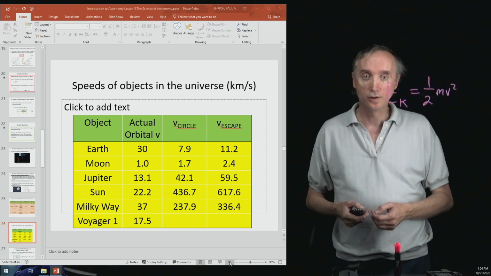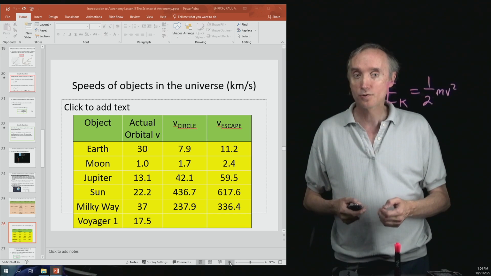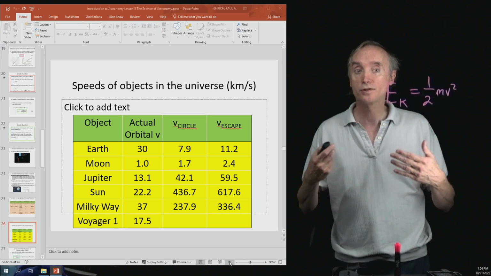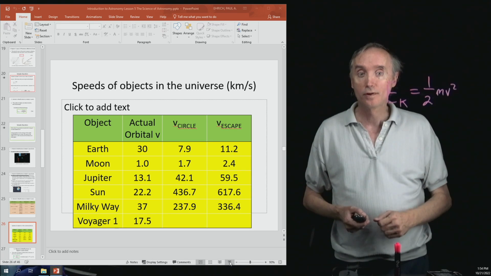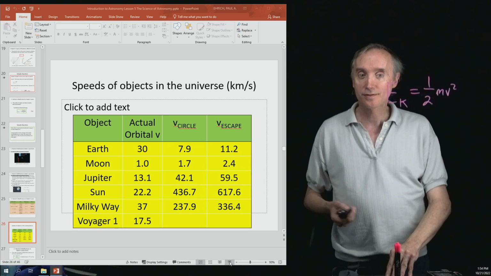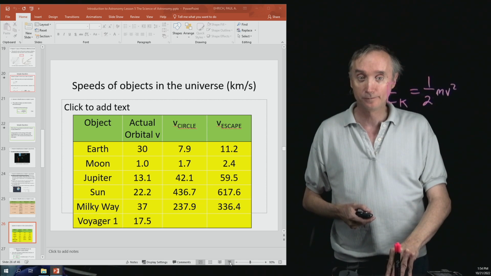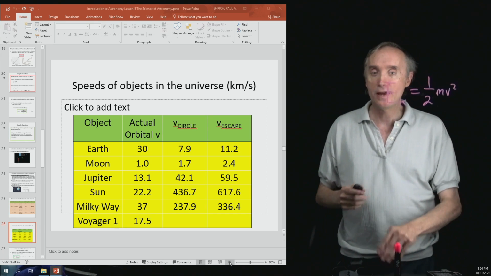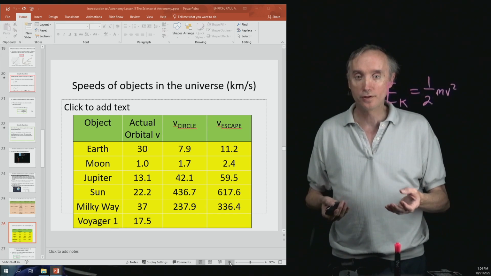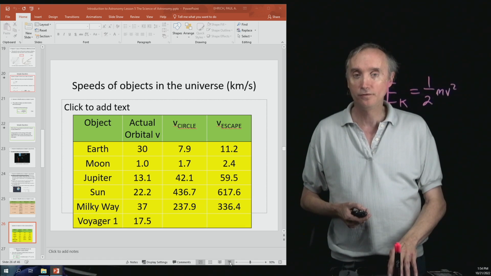Then Jupiter, well, look at it. Its escape speed is 59.5, much bigger than the Earth's because Jupiter is much more massive. It has more gravity. And then the Sun has an escape speed of 617.6 kilometers per second because it's really big. I did want to show you, though, that there is a man-made satellite named Voyager 1 that is currently going at 17.5 kilometers per second.